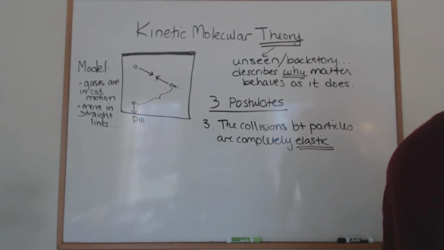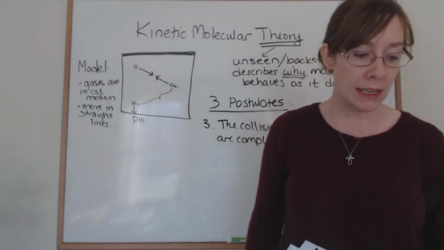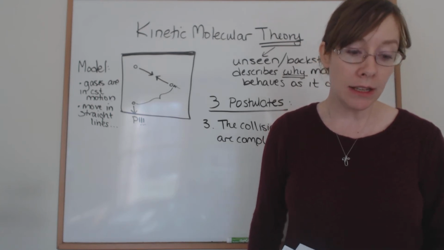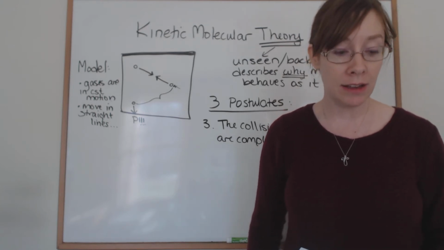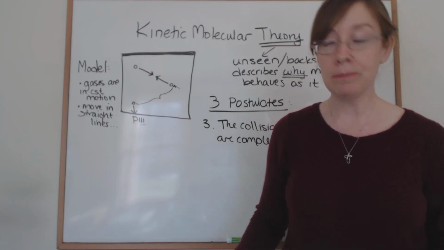But to get the best picture of this, I'm going to refer you also to your book. Let's take a peek at page 223, figure 5.16. You have a nice little picture of an elastic collision versus an inelastic collision. An elastic collision is like the billiard balls in the picture.